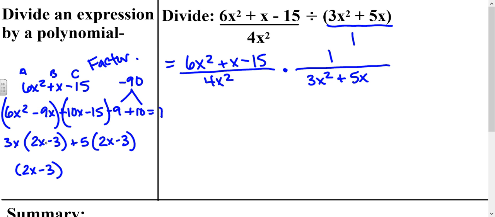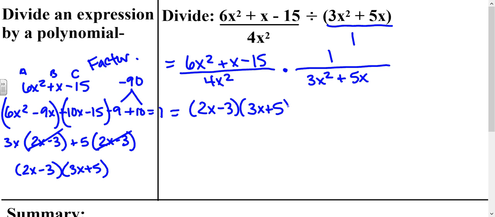So if I were to take that out, then I would have left over 3x plus 5. So if I wanted to check, I could distribute this out and I would end up with what I started with. So the top of this one factors into 2x minus 3 times 3x plus 5. The bottom cannot be factored, so it stays 4x squared. The top stays a 1.